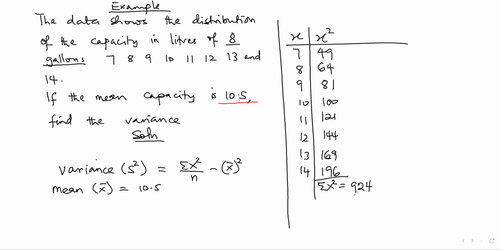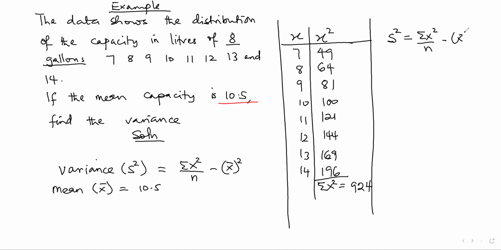So when we substitute it here, our variance, which is s squared, is the summation of x squared over n minus the mean squared. Our summation of x squared is 924 divided by n, which is 8, minus the mean, which is given to be 10.5, and 10.5 all squared.